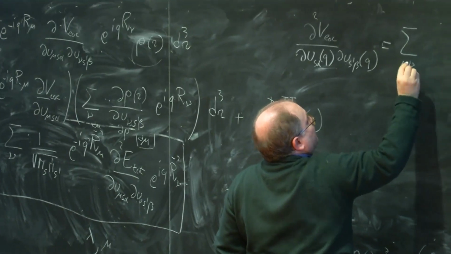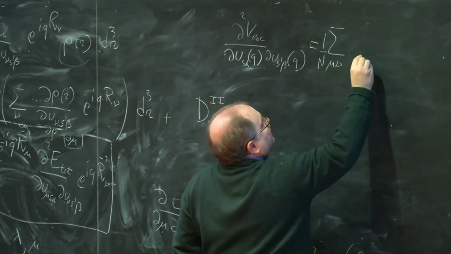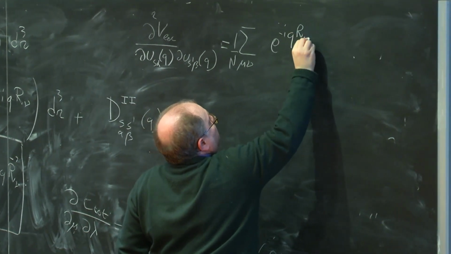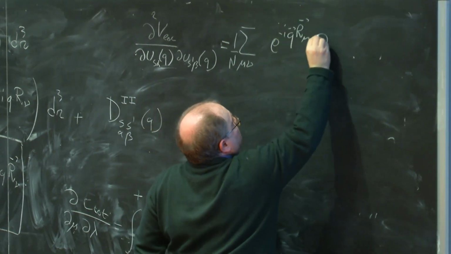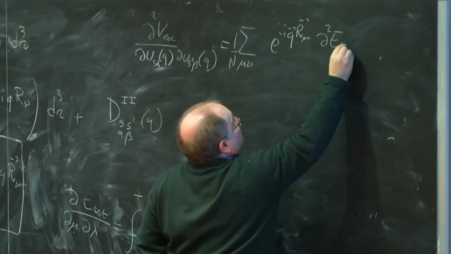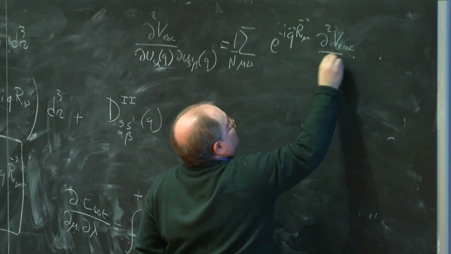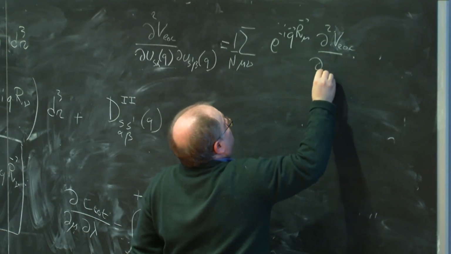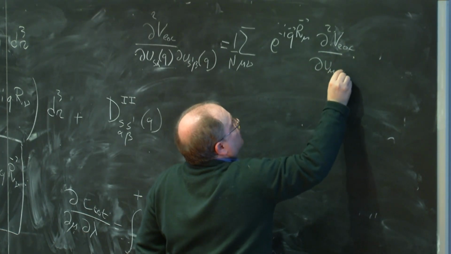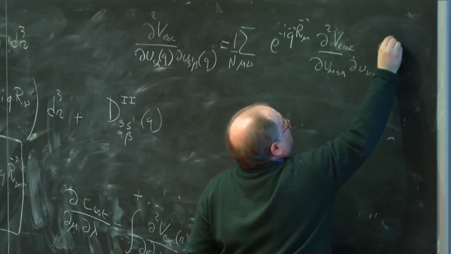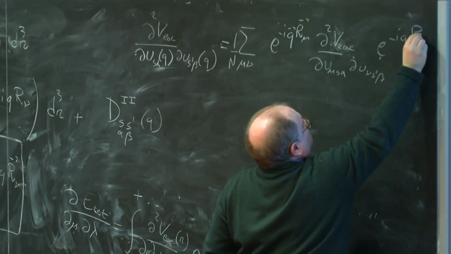over mu, 1 over n, of e to the minus i q r mu, the second derivative of the total energy of the local potential with respect to u mu s alpha, u mu s prime beta, e to the i q r mu.